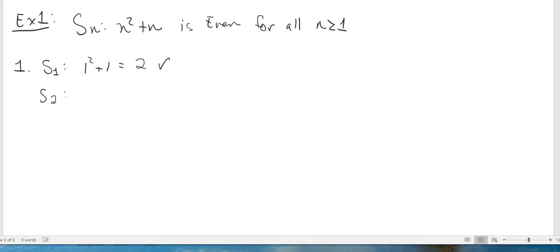What happens if I plug in a 2? n squared plus n, so you plug in a 2 there and a 2 there. 4 plus 2 is 6. Yep. One more. 3. So 3 squared plus 3, 9 plus 3 is 12. There you go. It looks pretty convincing so far.